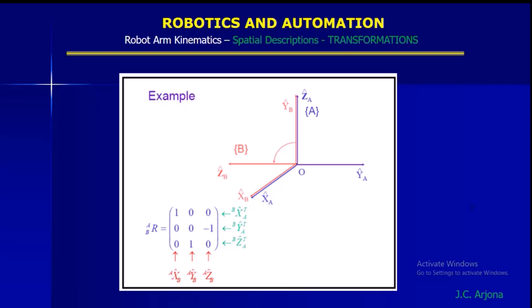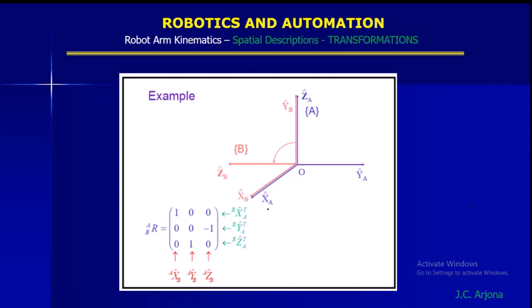As you can see, it is rotated by 90 degrees. So you will notice the matrix of that will be 1, 0, 0 for the XB to A; 0, 0, 1 for the YB to A; 0, minus 1, 0 for the ZB to A. And looking at it horizontally, it's the respective transpose.